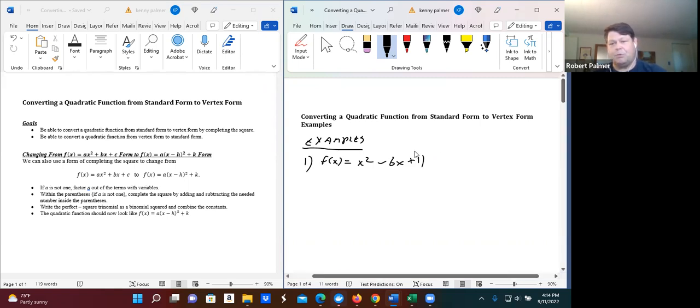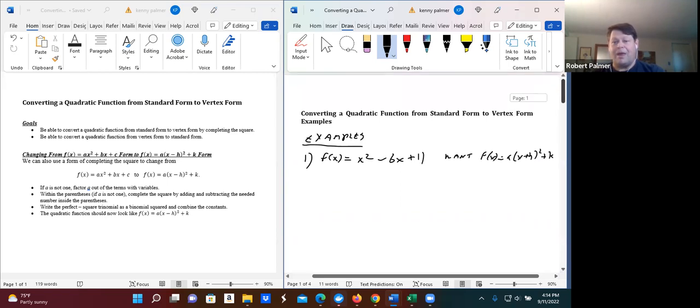So actually, I'm going to show what we want: f of x equals a times (x plus h) squared plus k. That's what we want, this form. Now, one thing we can pick out right away, the a is the same in both cases. The a is the number in front of the squared term. So I already know that's going to be 1. That helps. We also have to find out what h and k are.